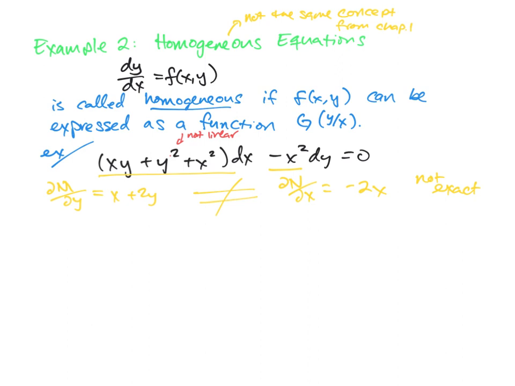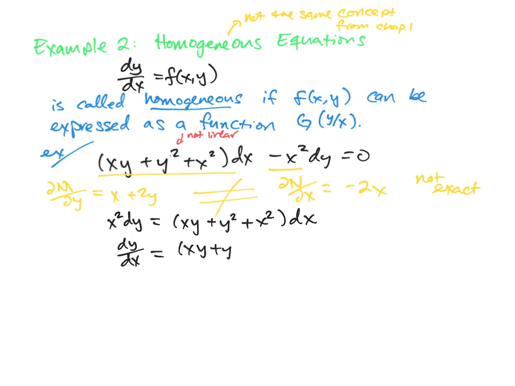Okay, so now we're going to see that it is in fact a homogeneous equation, and then we'll see the substitution that we could try to do. So let's rewrite this into our regular derivative form with the dy dx in it. So first, I'll add the dy term over, and then I want to get dy dx by itself. And so I get xy plus y squared plus x squared, all divided by x squared.